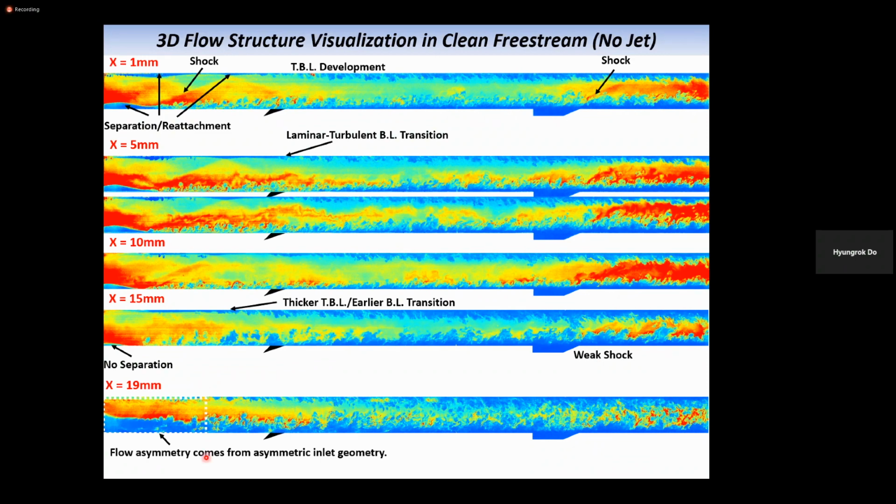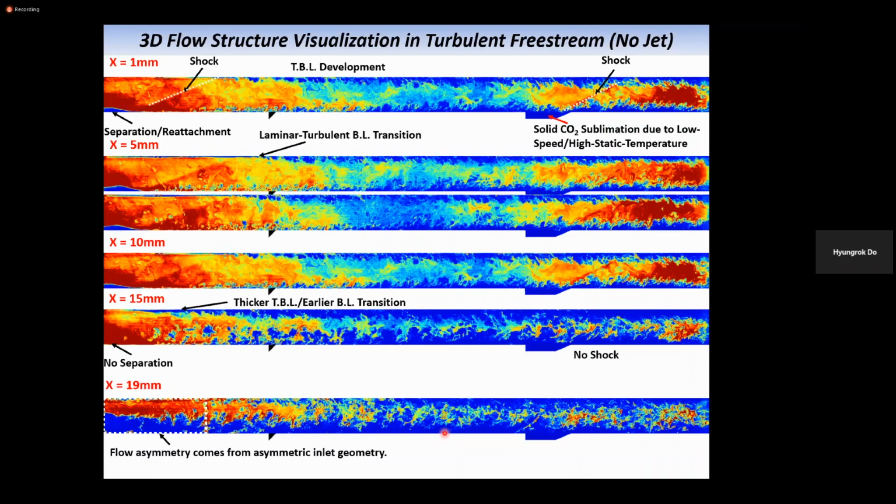So laminar to turbulent transition is happening at this location, as you can see from the side view, and now your laser beam is immersed in the turbulent boundary region. So that's why you're seeing just random complex turbulent flow structure inside. Okay. So this can be used for reconstructing three-dimensional flow structures.